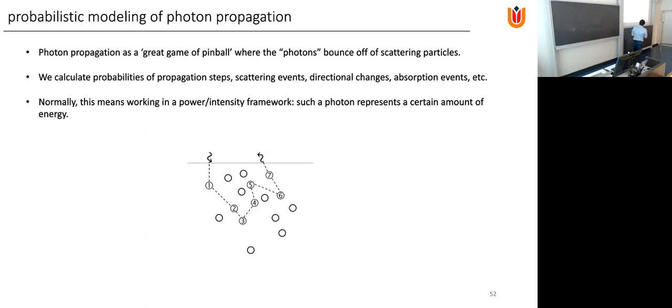In order to do that, we need to calculate some probabilities along the way: the probabilities of step sizes, of scattering events, of changing direction, etc. That means that we're going to ditch the whole electric field approach. We're just going to look at photons as particles that carry a certain amount of energy or a certain amount of power.